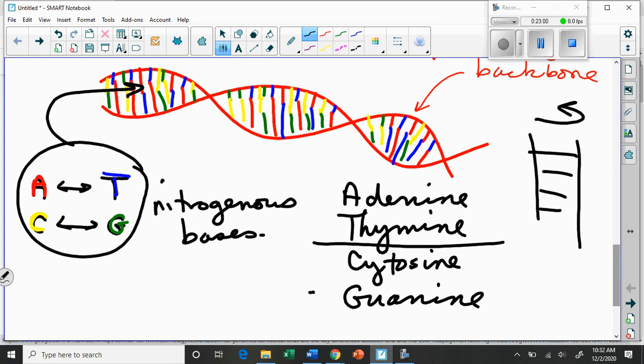Now, that's the DNA molecule. That's where the genetic information is. But remember, genetic information is simply the order of A's, T's, G's, and C's. A typical gene is a region of DNA that has many of these letters. So there could be 200 of them.